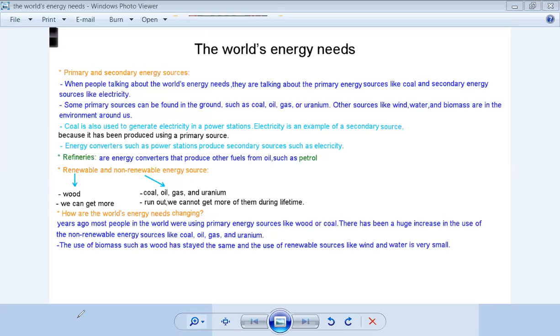The problem is they started to use the non-renewable ones, and the need for this energy increased over time, such as oil, gas, and uranium. And these are non-renewable. If they cannot take care of them or use them wisely, we cannot replace them, okay?